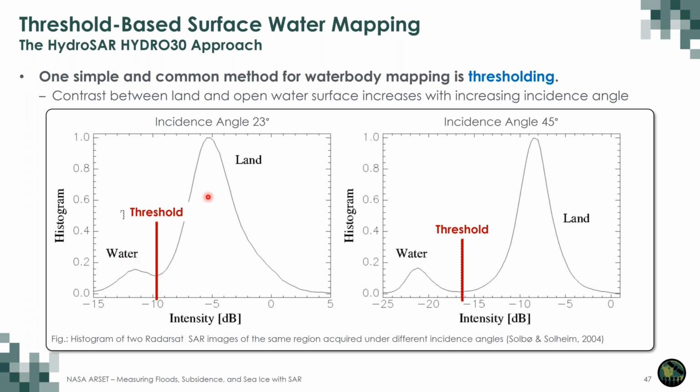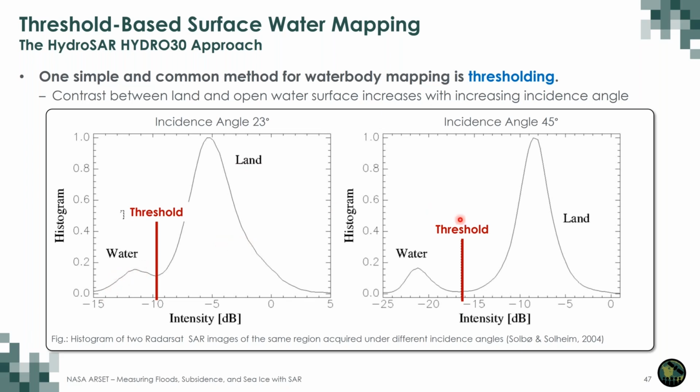This is what a thresholding approach is doing. It tries to find a separating line. Pixels that have brightnesses below that threshold value we would classify as water pixels, and pixels that have brighter values than that threshold we would classify as land. And you can see visually that this threshold is pretty good at discriminating those two classes from each other.